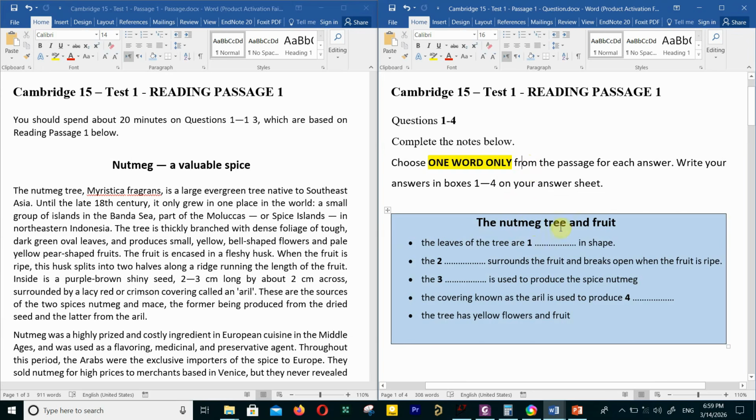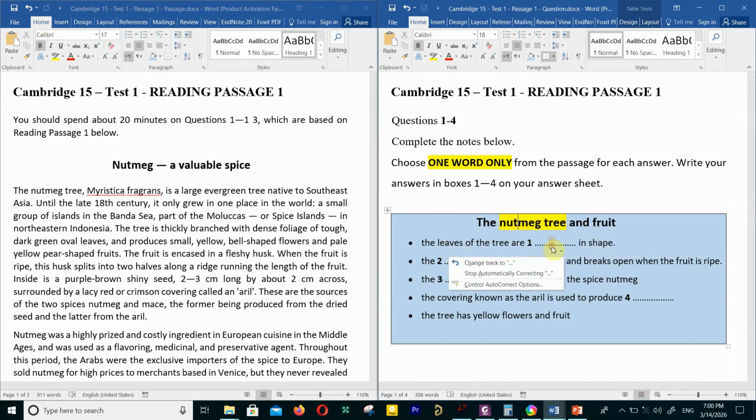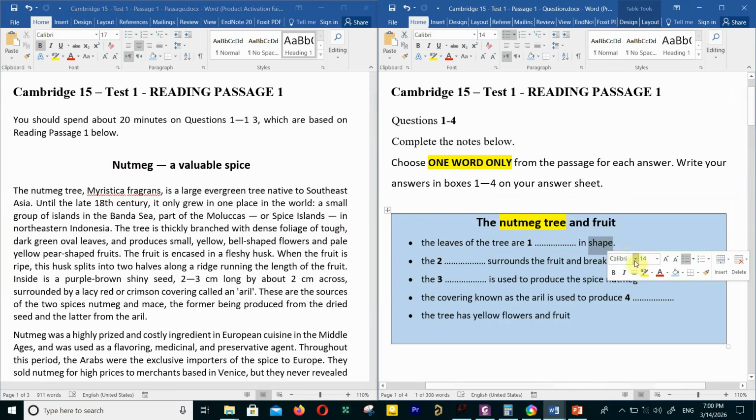Okay. The nutmeg tree and fruit. Nutmeg, a valuable spice. It's a kind of spice. So nutmeg tree is a keyword, but all the passage is about nutmeg. The leaves of the tree are blank in shape.